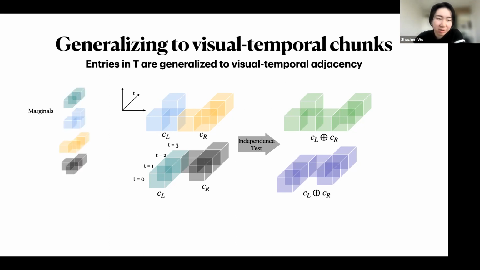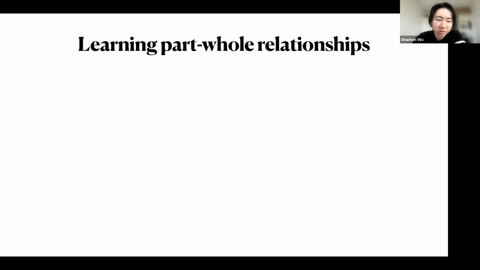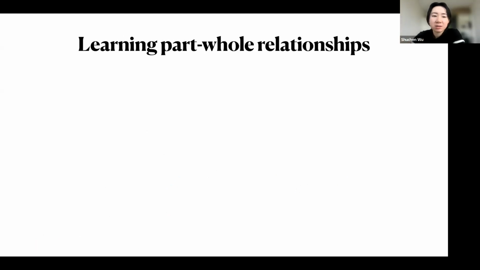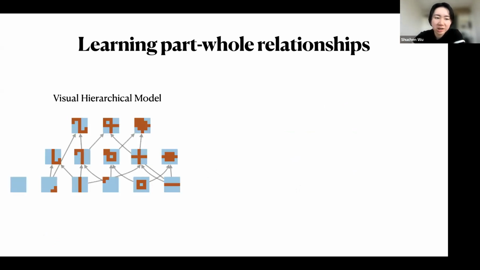So the marginals become these weirdo cubes that span visual space and time, and the transitions are also chunks that are proximal in space and time. So we can use this principle to learn spatial relationships in a visual hierarchical model.